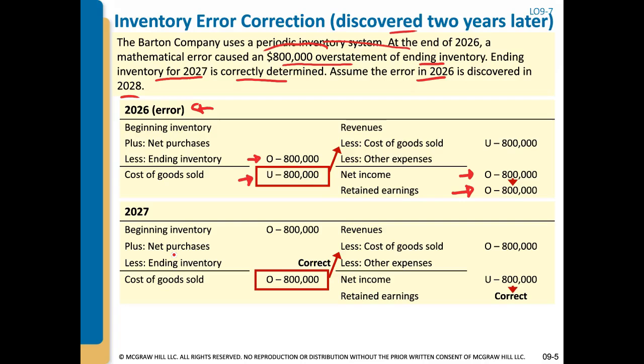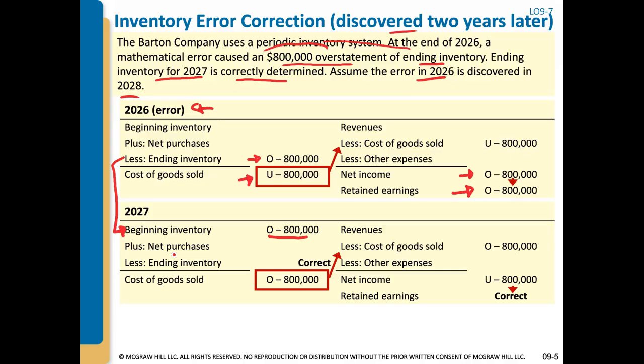If our ending inventory is overstated, our prior year ending inventory is going to be the following year's beginning inventory, which means the 2027 beginning inventory is overstated. Now remember, in this example, the error was not discovered in 2027, so we just rolled it forward.